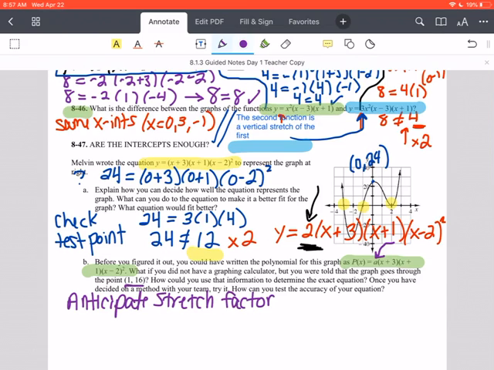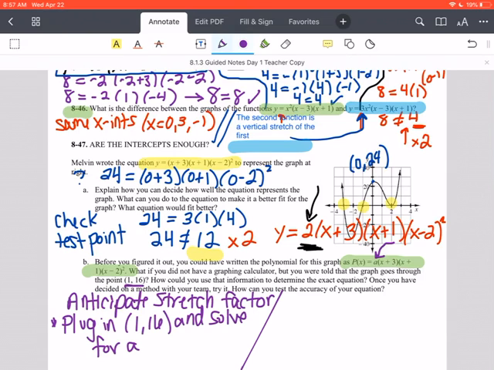Well, the key idea is to plug in (1, 16) and solve for a. And that'll give you your stretch factor. Hopefully this is kind of coming back to you. So I can go, well, I have 16 equals a, and then hopefully you're okay with me doing the math in my head.